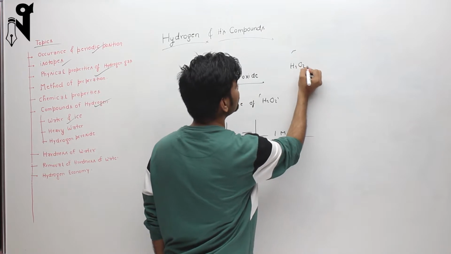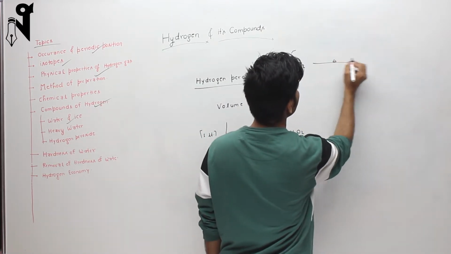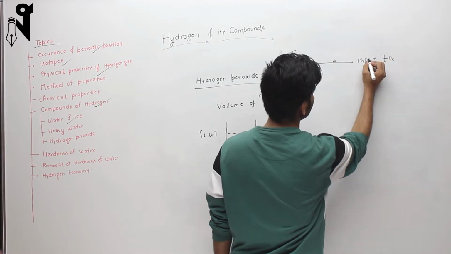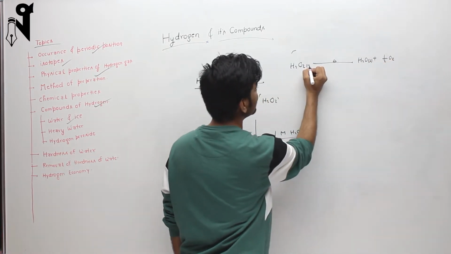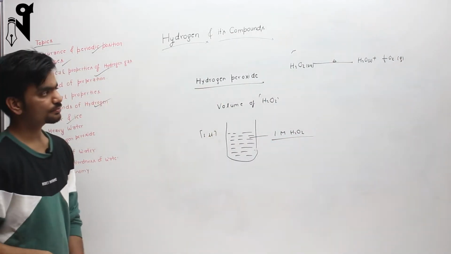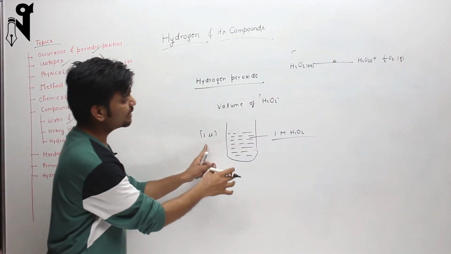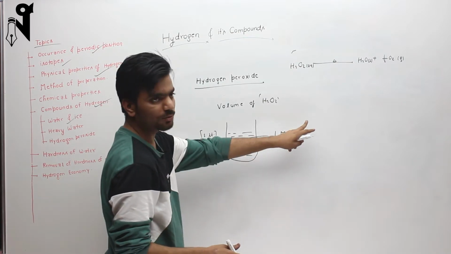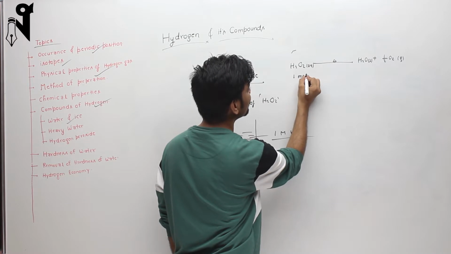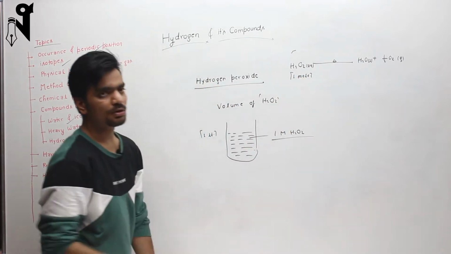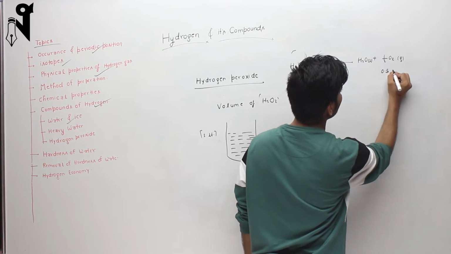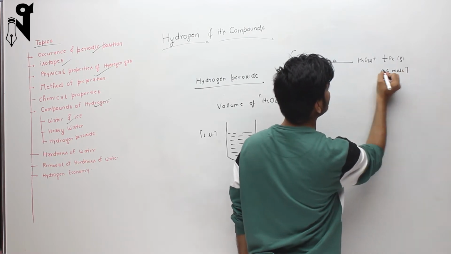This H2O2 on dissociation gives you H2O plus half O2. This H2O is liquid, this is aqueous, and this will be gas. Suppose you have 1 liter, so in 1 liter you will have 1 mole, because this solution is 1 molar. So from 1 mole you are getting half mole, 0.5 mole.